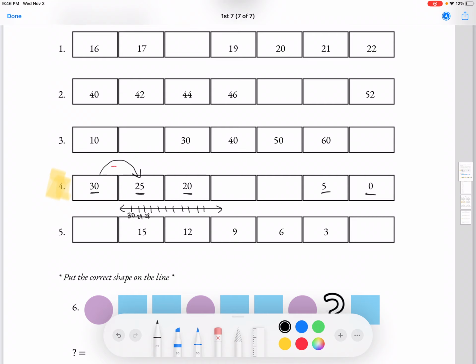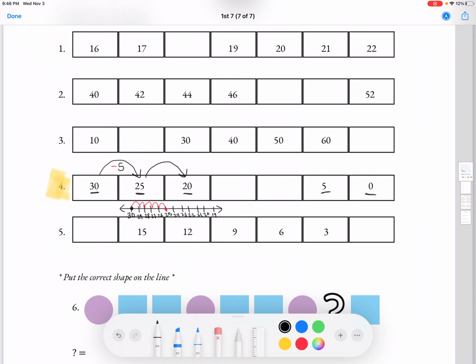So if we start at 30 and we move down to 25, how far do we jump? First we're going to go 1, 2, 3, 4, 5 times. So we move down 5 times to get from 30 to 25, so it would be minus 5.